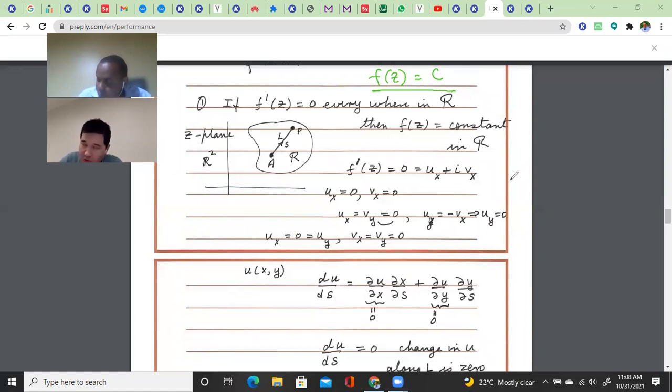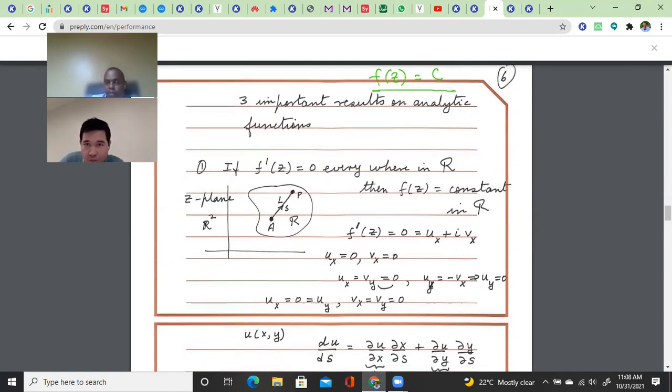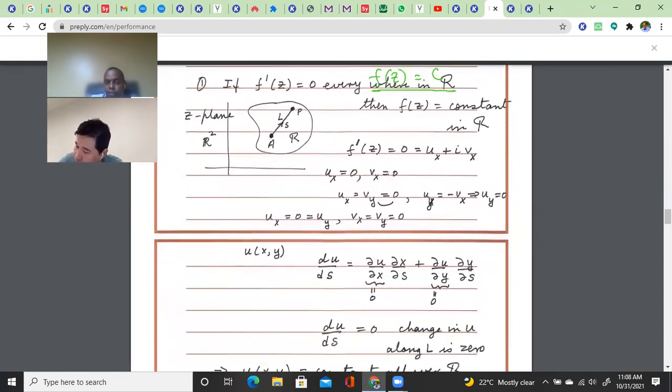It's the first condition. Teacher said there are three important results of analytic functions. This is the first one. It says that if the derivative is 0, then the function is going to be a constant function.